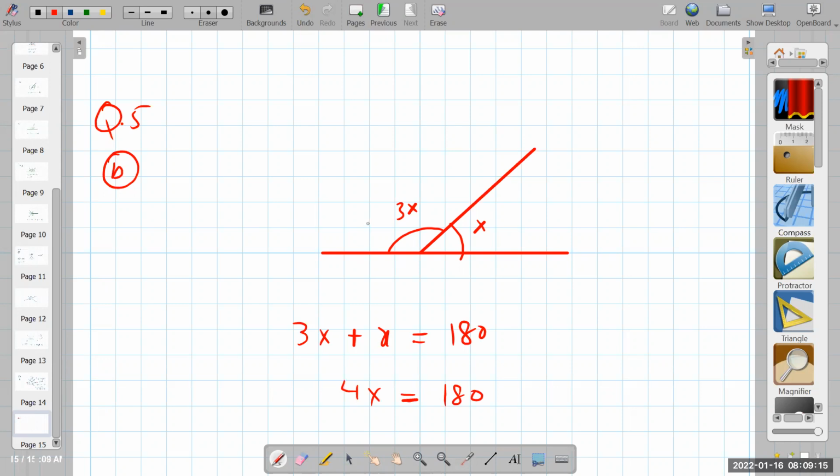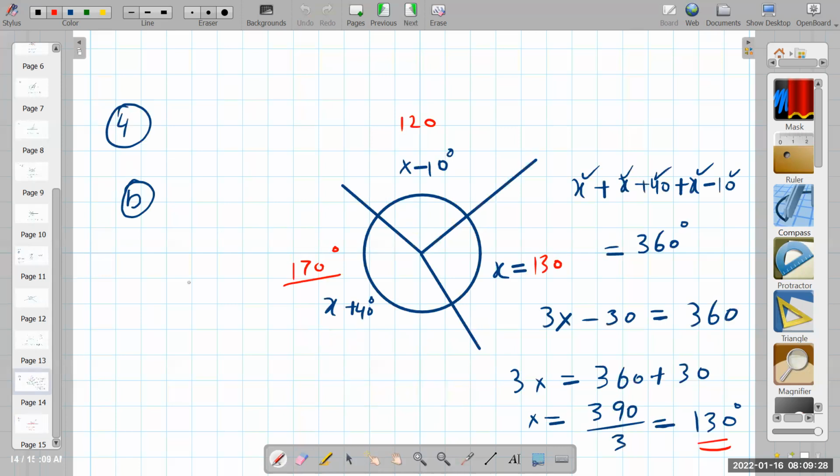In question 4 or 5? Let me check. X plus 40 plus X minus 10.